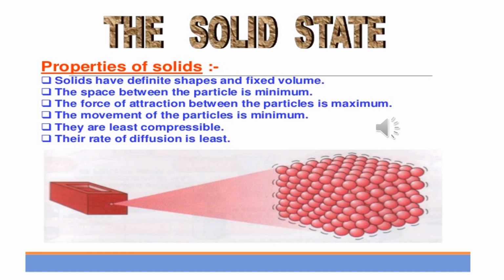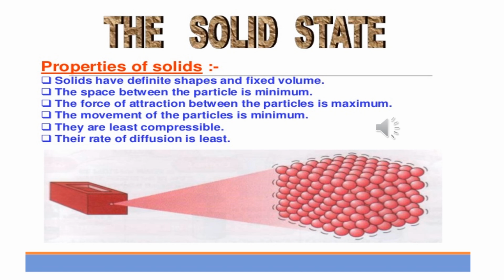One more property of the matter in solid state is that they have least rate of diffusion. Now what is diffusion? Diffusion is intermixing of particles of one matter with the particles of another matter. And why is this diffusion rate minimum in solid?